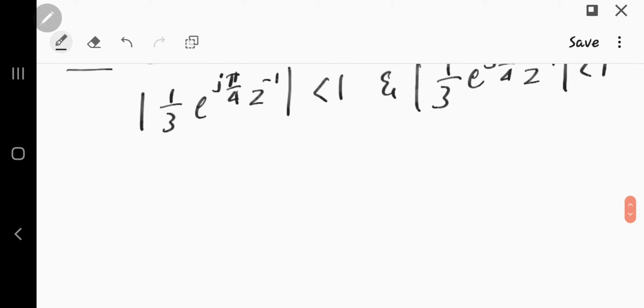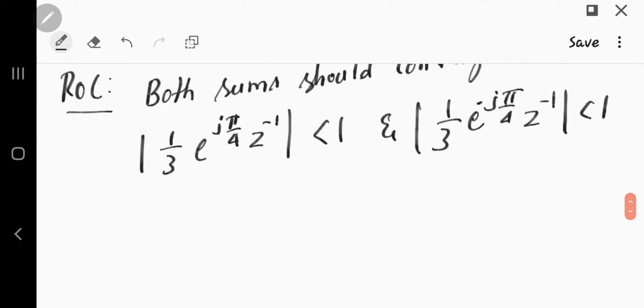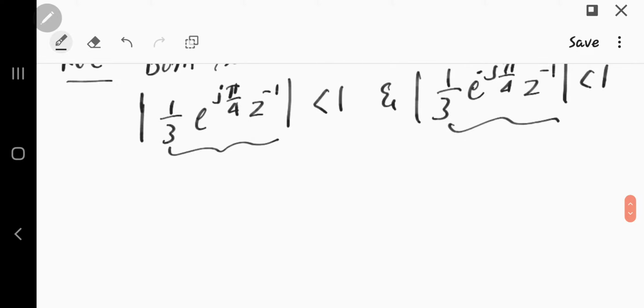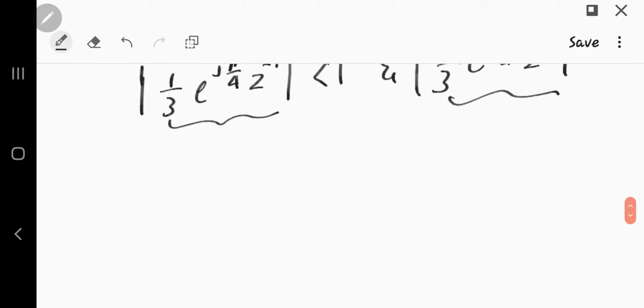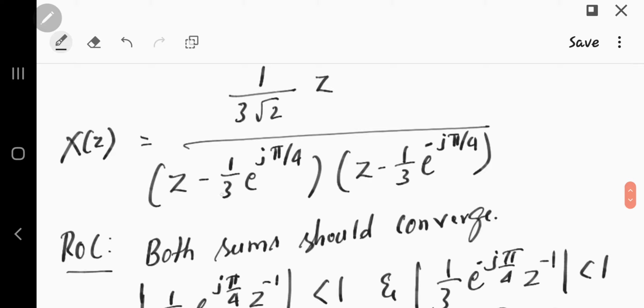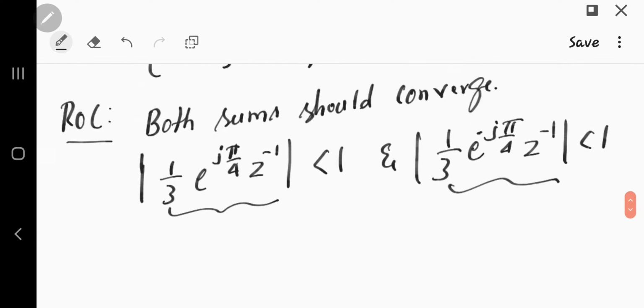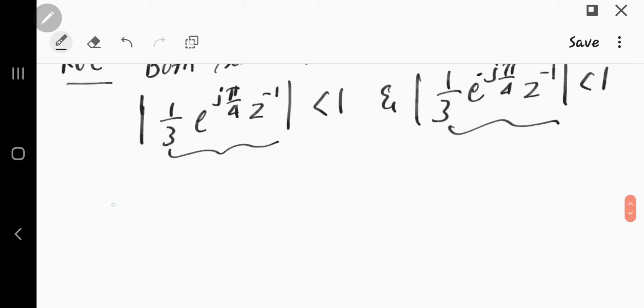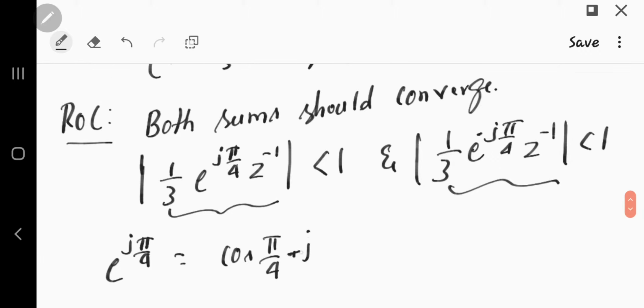So now we have this mod term here. Inside this we have e power plus j pi by 4 and e power minus j pi by 4. This e power j pi by 4 can be expressed as cos pi by 4 plus j sin pi by 4.